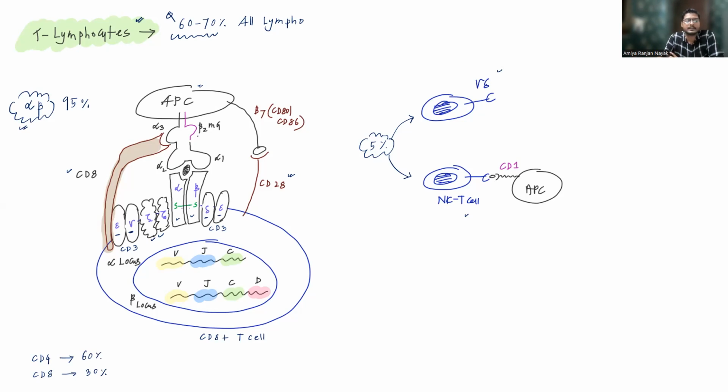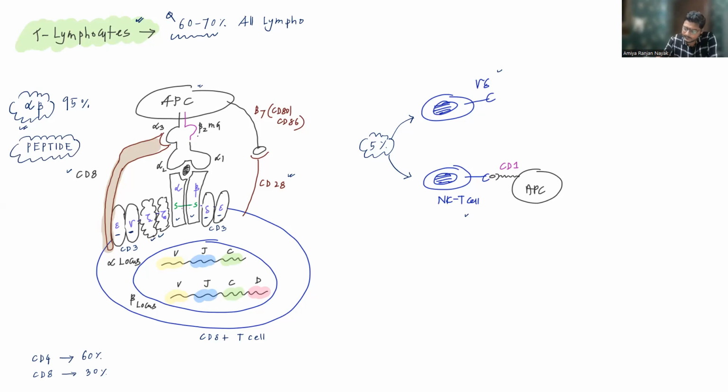Among these, CD4 positive are 60% and CD8 positive are 30%. And one more point is that these alpha beta type T cells can only identify peptide antigens presented by the MHC molecules.